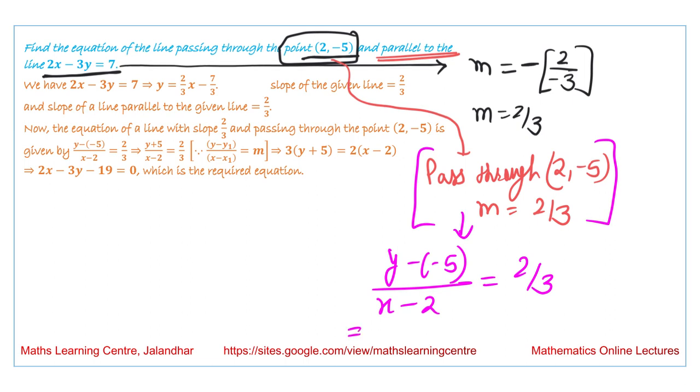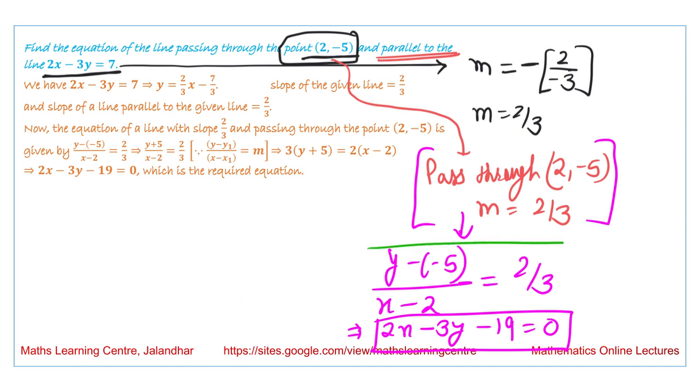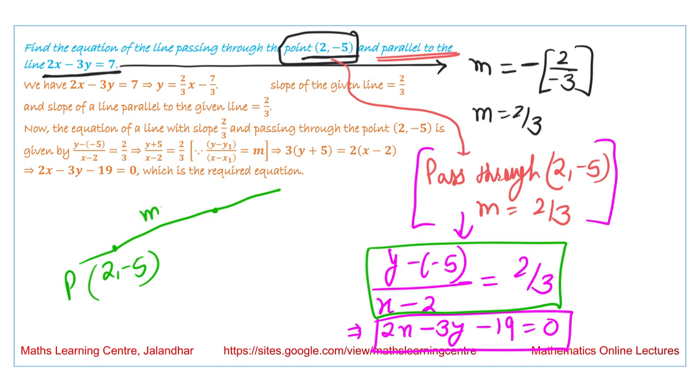On solving this, we obtain that the equation of the line is 2x minus 3y minus 19 is equal to 0. If you don't remember this formula directly, we have the point 2, minus 5 over here. Say this is the point P. This is the line we are talking about whose slope is 2 by 3. Say any point A over here has coordinates x, y.